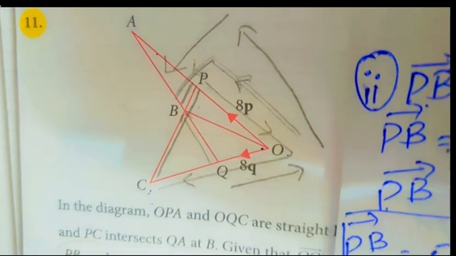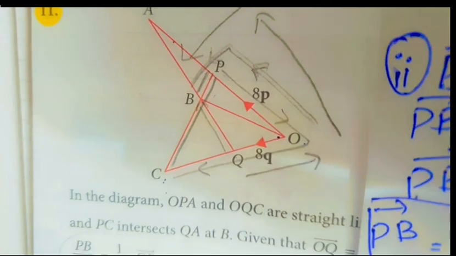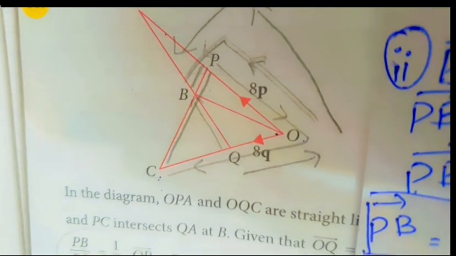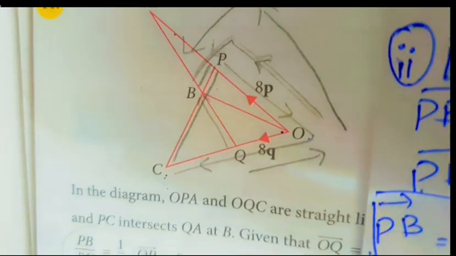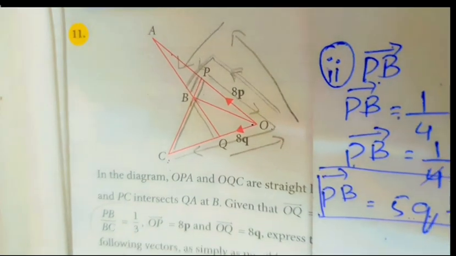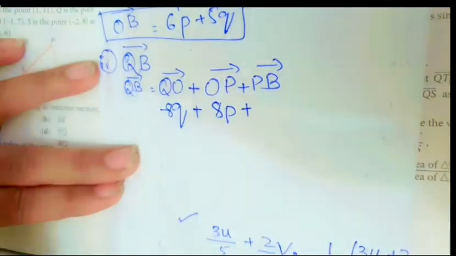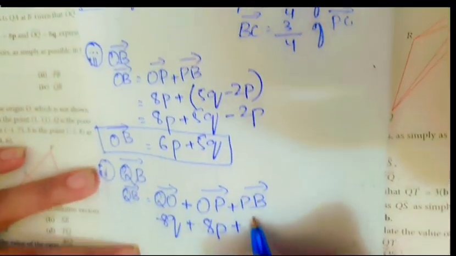And you know that we know the value of all the parts. QO is minus 8Q because OQ is plus 8Q, and we are taking it in the opposite direction. Now we are moving in the same direction, so plus 8P plus, what is the value of PB over here? It's 5Q minus 2P.